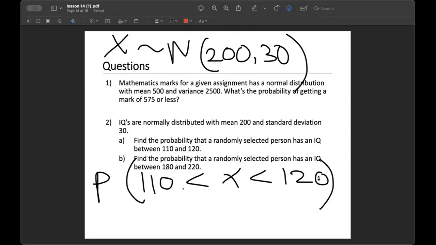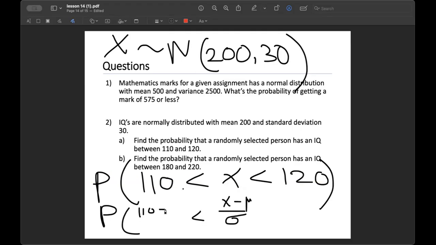This is the probability whatever we wanted to find. Then again we have to convert it into a standard normal distribution. To convert it, X minus mu divided by sigma, for both.